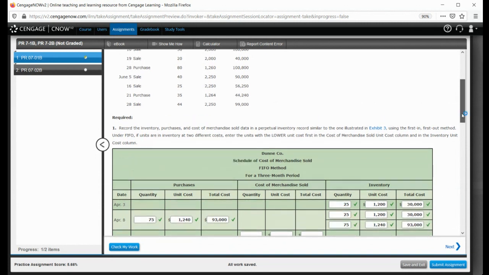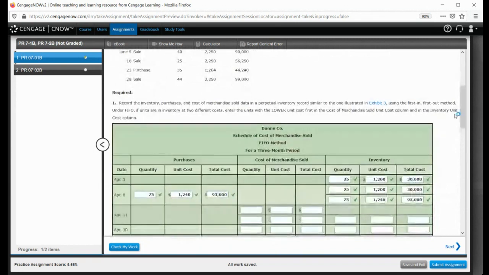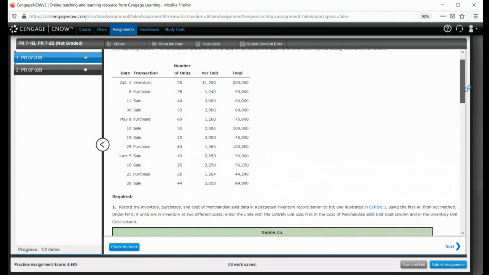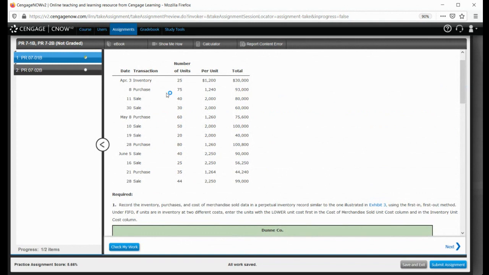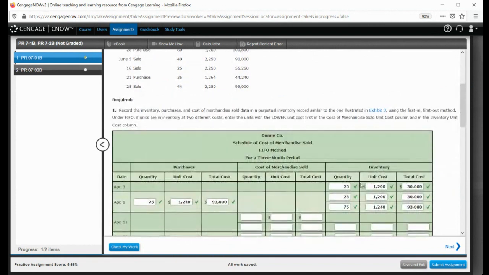So when we record a purchase, we must record the purchases in the purchases column here. And in the transaction on April the 8th, we recorded our first purchase because we had inventory left over that we haven't sold from a previous period. That too becomes a part of the ending inventory.